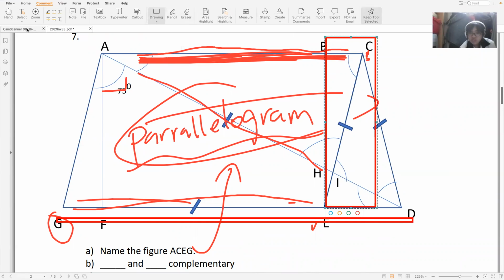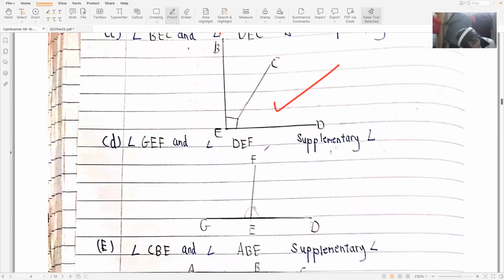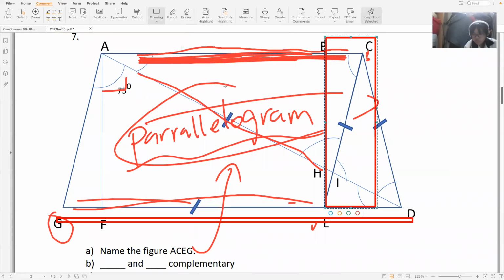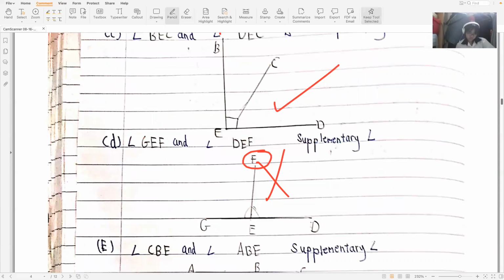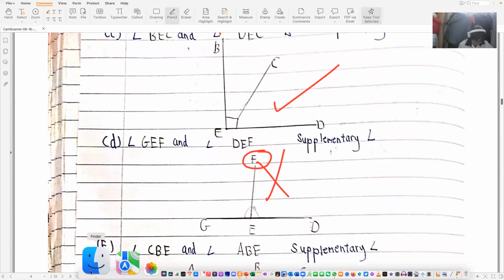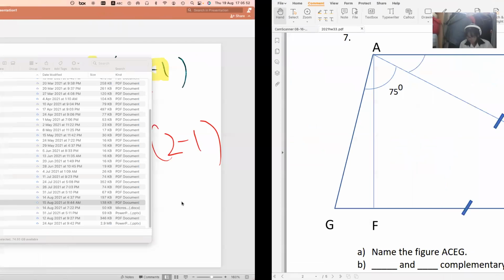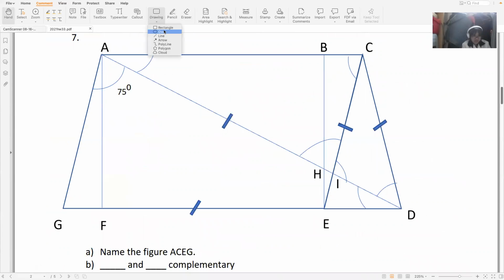I don't know where you get your EF. What EF are you talking about? There is no EF. So what are you doing in this case? That means you did it anyhow again. No, there is no EF.